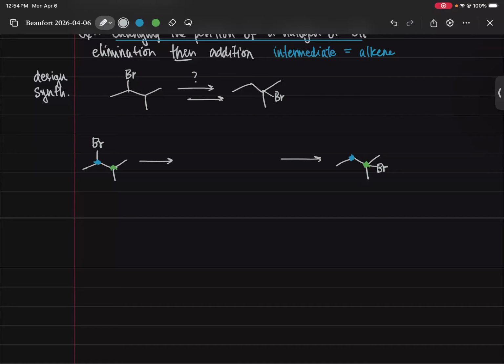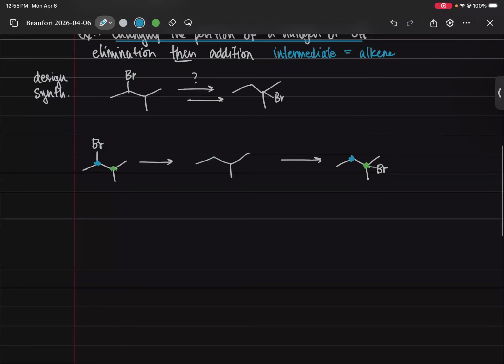Okay. So that means that our intermediate alkene needs to be an alkene where there's a double bond between the blue carbon and the green carbon. So our alkene is going to be that.